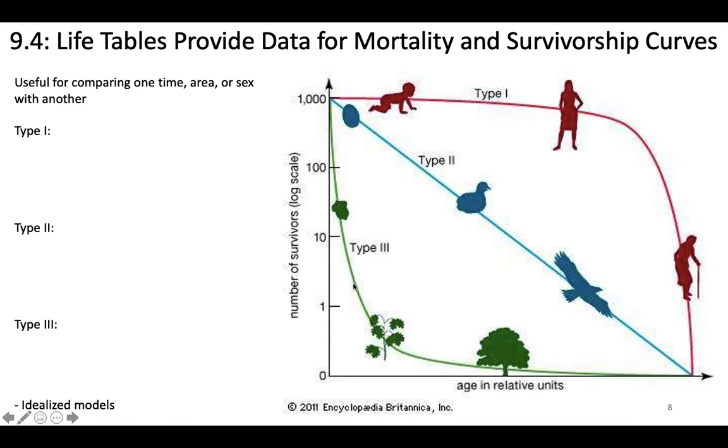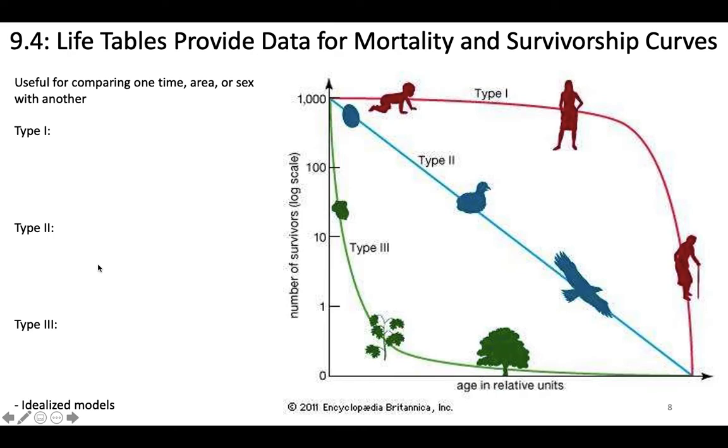And then you have type 3, which is concave, and you have really high mortality rates really early in life. Oysters are a pretty classic example of a type 3. A lot of fish, invertebrates, and plant species have really high mortality early in life, but once they hit a certain life stage, they have a much higher success rate.